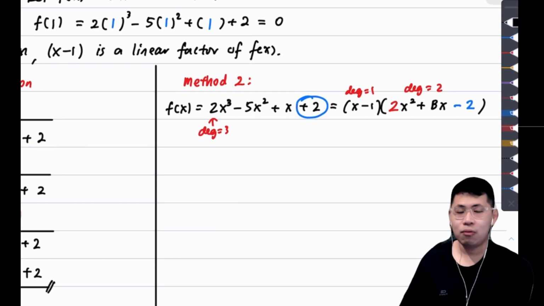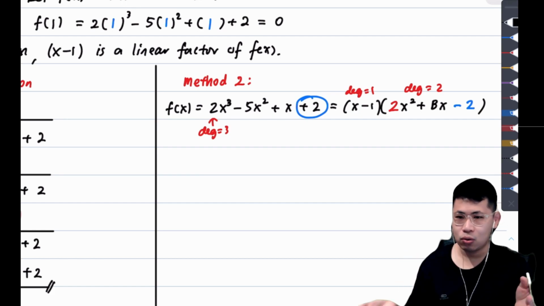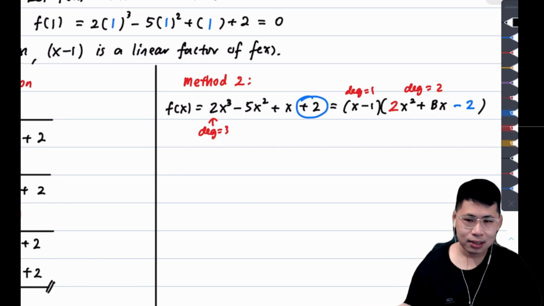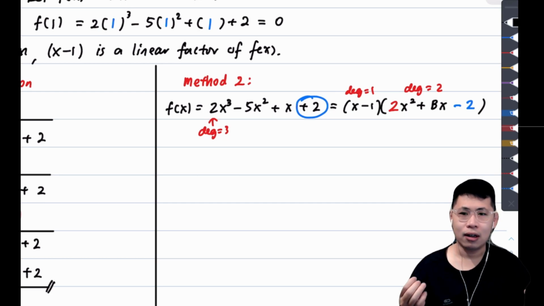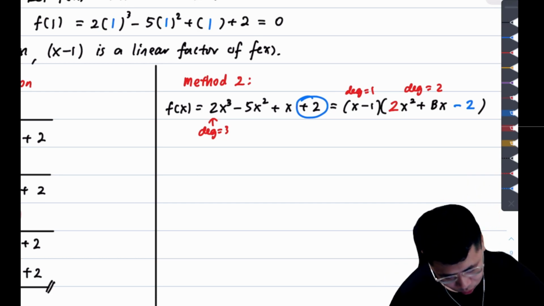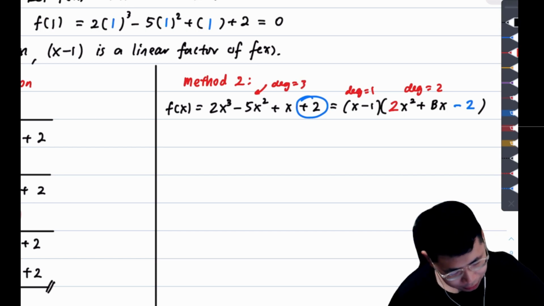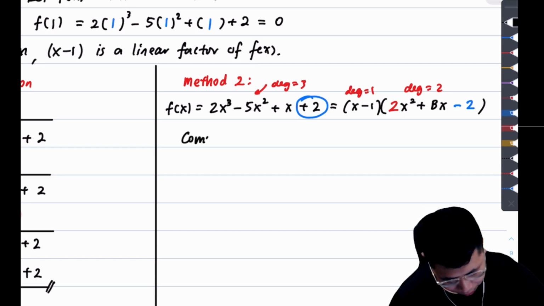For b, we will need to resort to comparing coefficients for either x squared or x. So here we need to go with this. Let me remove this. Here I'm just going to use x squared terms.